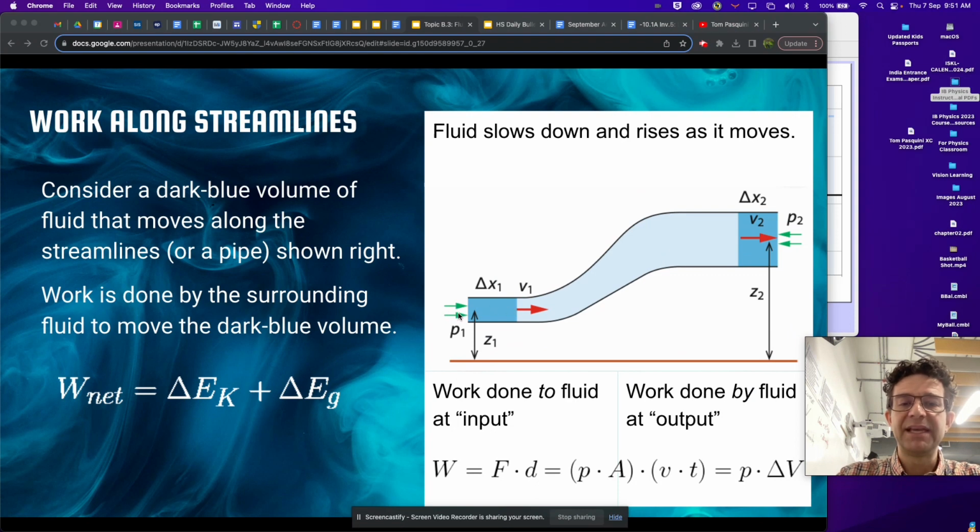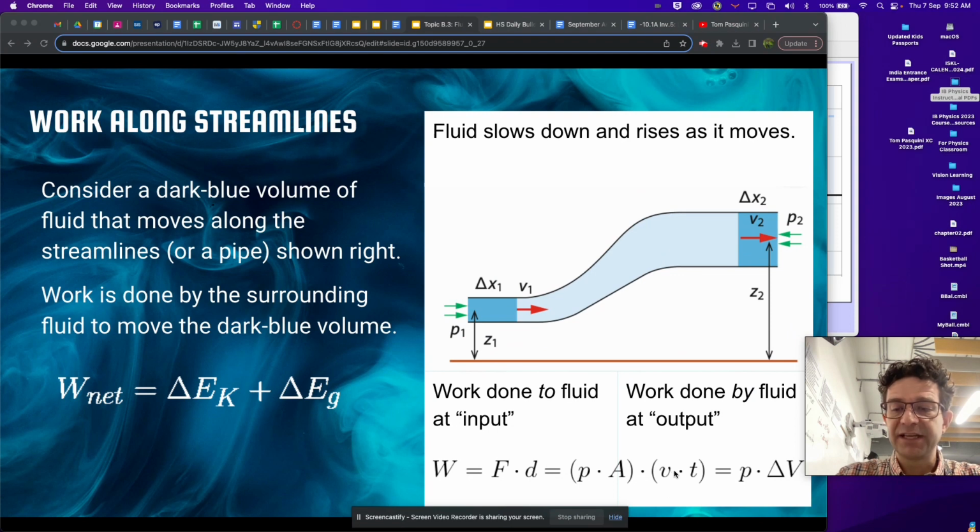The force comes from the pressure times the cross-sectional area, so we have P1 times the cross-sectional area A1. And the distance it moves, delta x1 or S1, is going to be the velocity times the time.